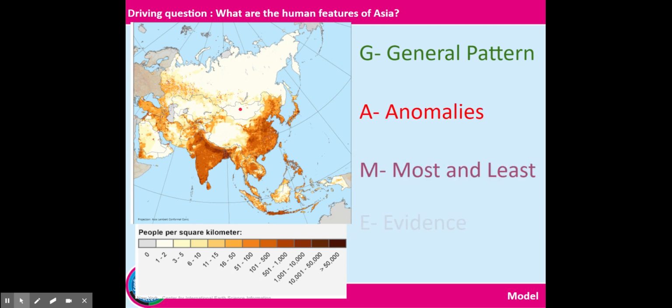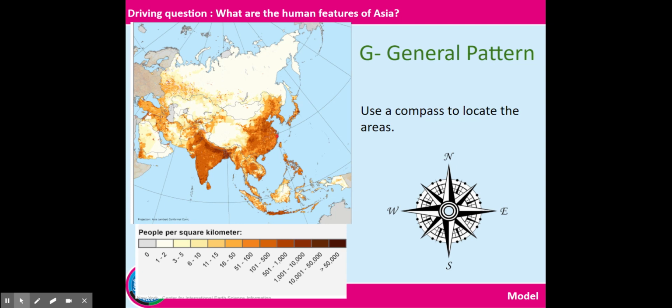Now, we use this structure here called GAME to help us structure our answers when we came to describe the population distribution in Asia. And I'm just going to go through it quickly what we did last lesson. So again, the most densely populated area in general is in Central, Southern, and Western Asia.